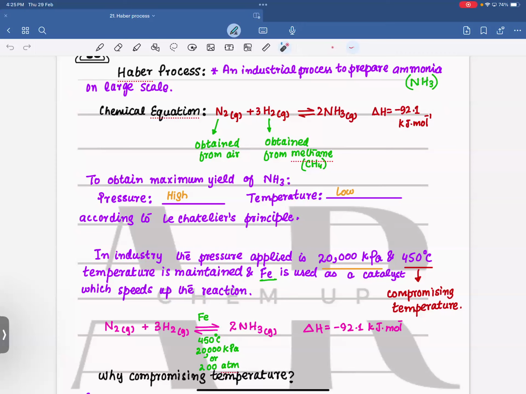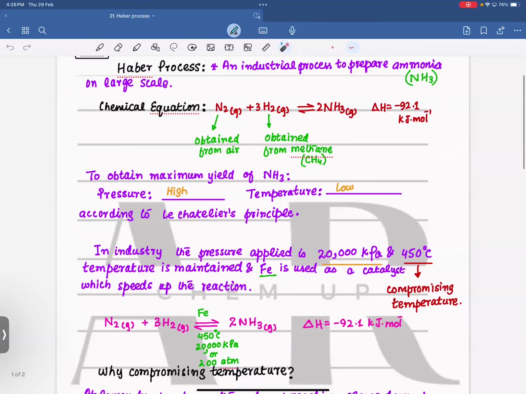Yes, Rohit? Okay. Now, why are we using a compromise temperature? Okay, just give me a minute.